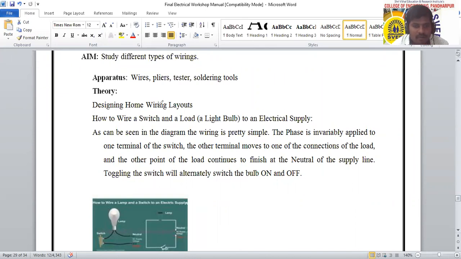Now if godown wiring is there, suppose there is a godown, and it may contain, suppose, 3 rooms.